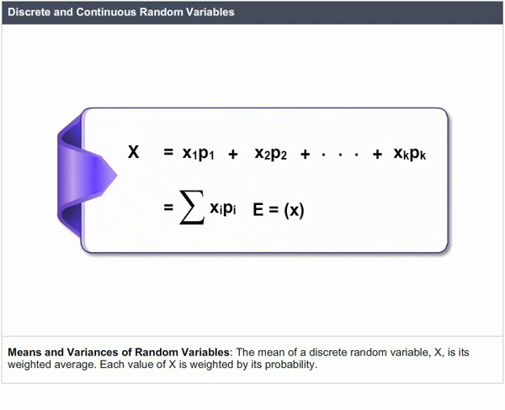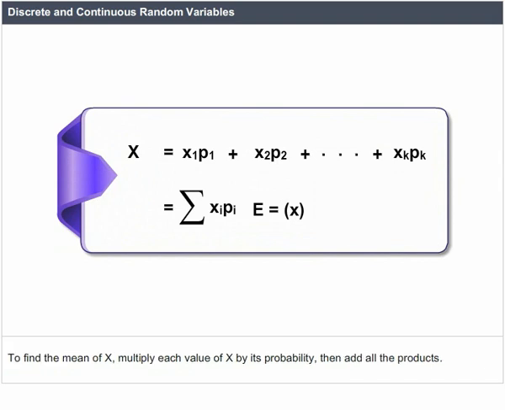The mean of X is equal to x1 p1 plus x2 p2 plus etc., at the end plus xk pk, equal to summation xi pi, equal to the expectation of X. It is denoted by E of X. To find the mean of X, multiply each value of X by its probability, then add all the products. The mean of a random variable X is called the expected value of X.